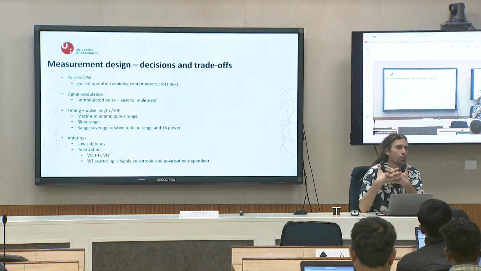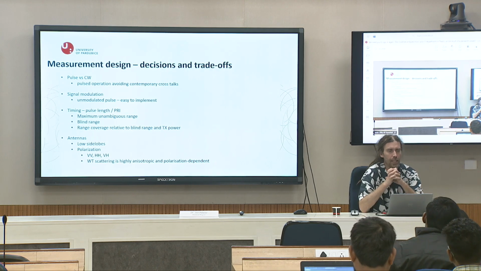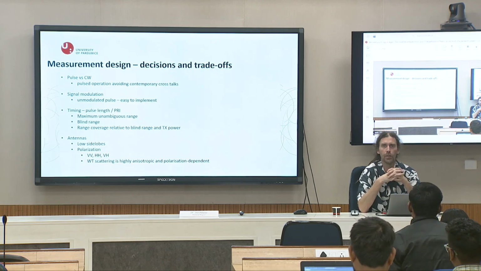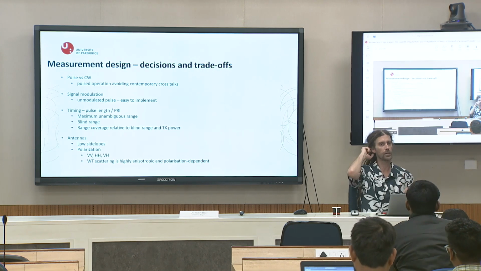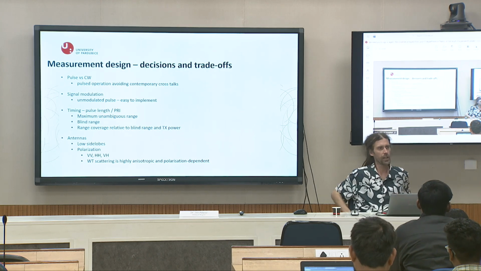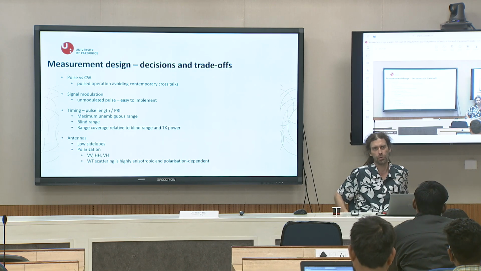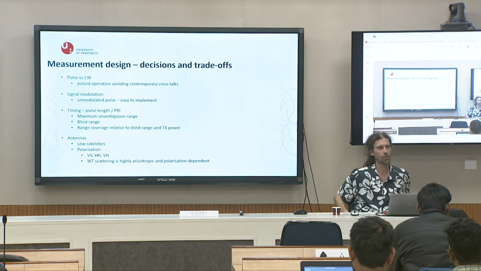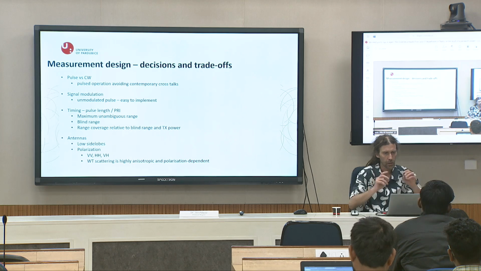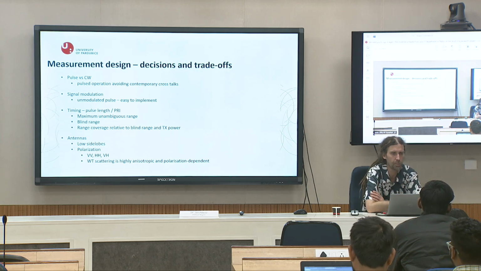Our choice was pulse. For signal modulation, of course, in GNU Radio, or our SDR, we can program any kind of pulse or pulse compression. It is just a function for us, it is not so hard, but we use just an unmodulated pulse. Very, very easy implementation, so why not use it if it's not so important?